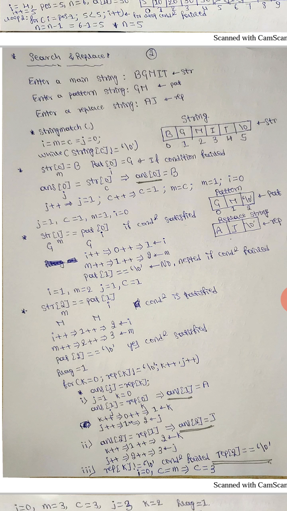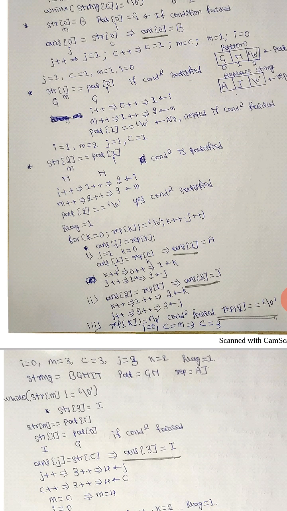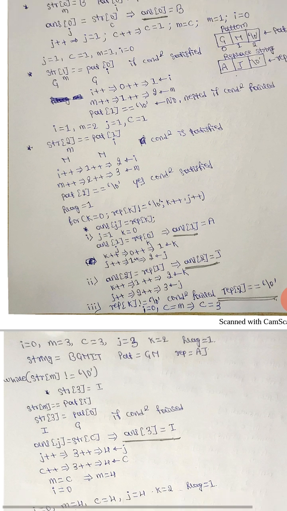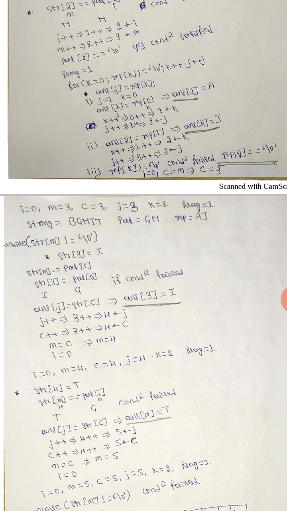So when I extract a character from the main string, I will receive I. At the same time when I extract a pattern character, I will get G. Again the characters I and G are not the same, hence the if condition failed. Whenever the condition fails, we directly copy the content of the string to the answer. So hence answer of j, that is answer of 3, equals I.